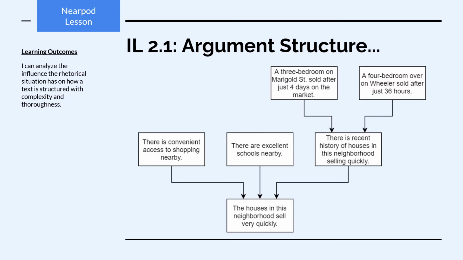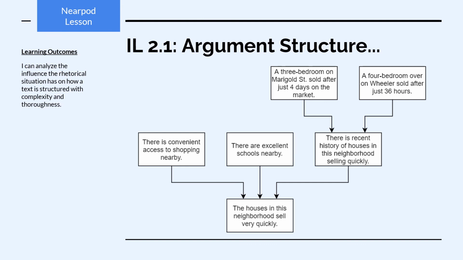If we were to combine the two arguments that we looked at together, it might look something like this. The houses in this neighborhood sell very quickly because there's convenient access to shopping, because there are excellent schools nearby. And then our two examples, I had to come up with a premise that they're supporting, because there is a recent history of houses in this neighborhood selling very quickly.